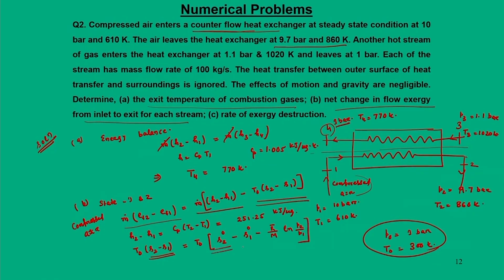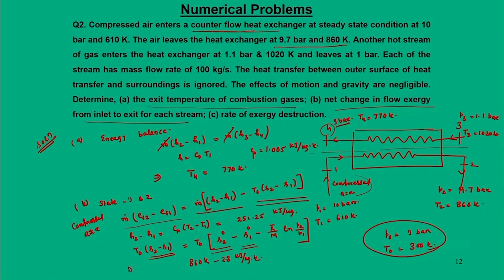This has to be evaluated at temperatures T 1 and T 2, and these numbers we can get. S 2 at 860 Kelvin, this value is 2.8 kilojoule per kg Kelvin.